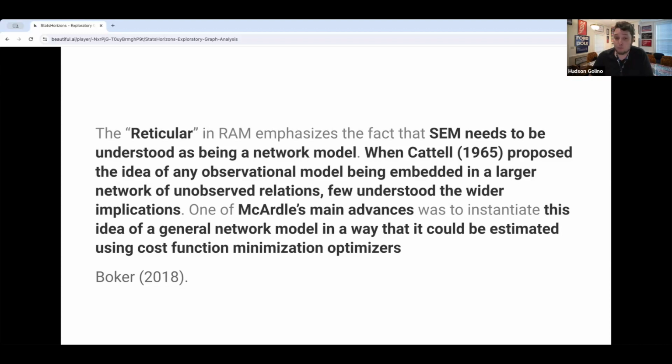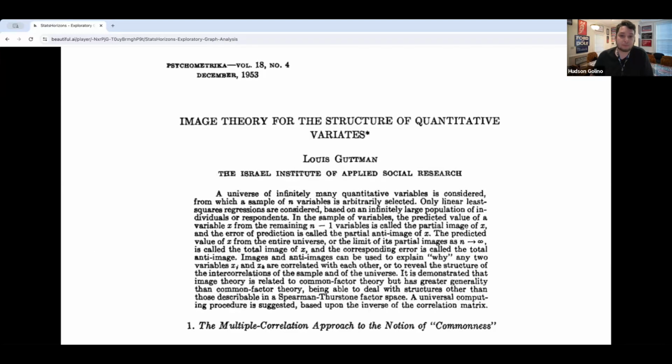One of McArdle's main advances was to instantiate this idea of a general network model in a way that could be estimated using cost function minimization optimizers. And that's the tricky part, the cost function minimization optimizers that were lacking in the 70s, and that took several years to be developed by the machine learning literature.